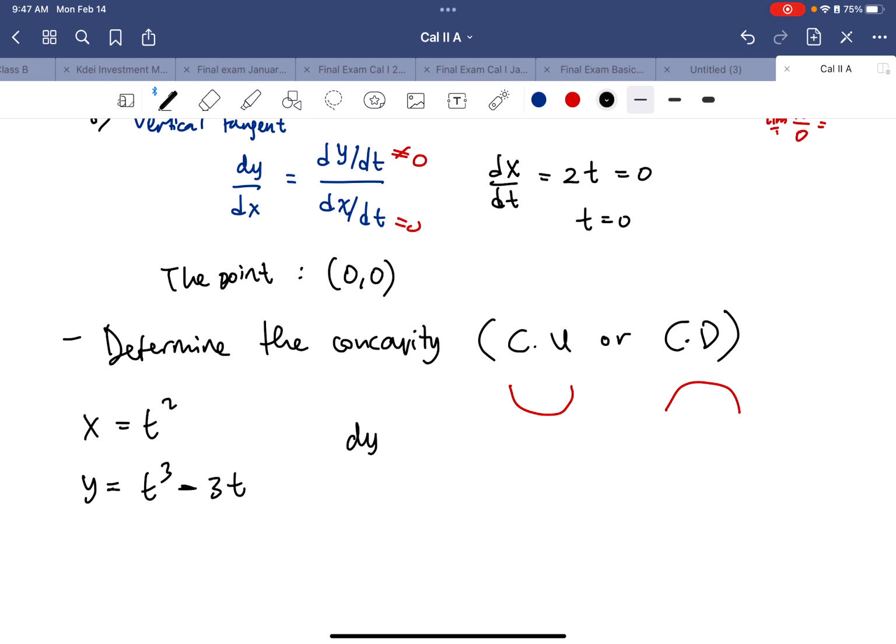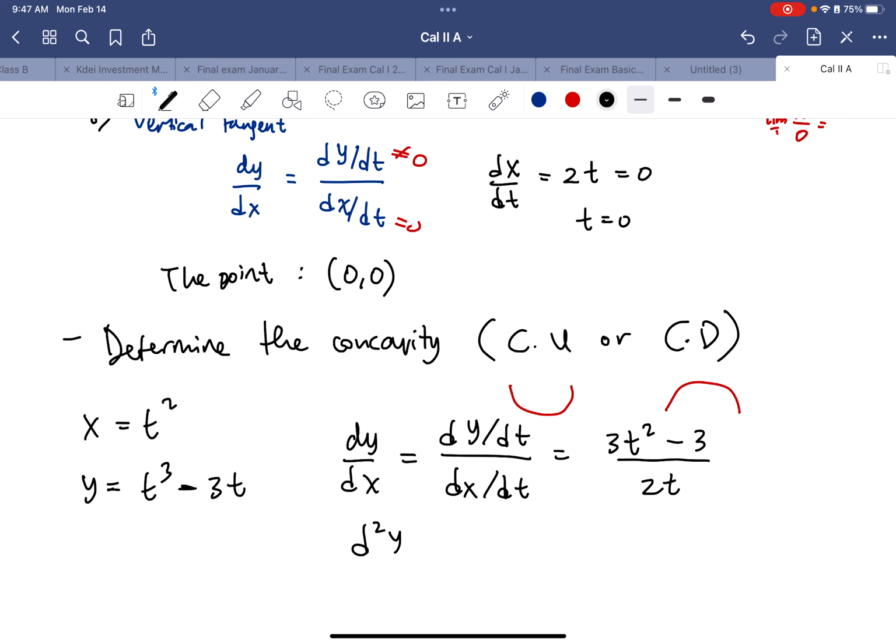And dy over dx is dy over dt over dx over dt. That is dy over dx. Okay. Now what is the second derivative?